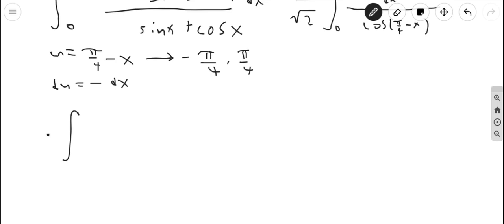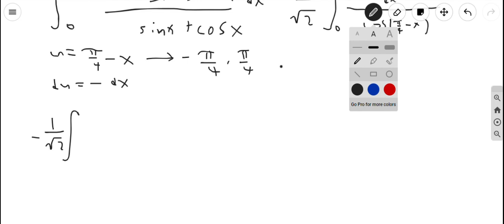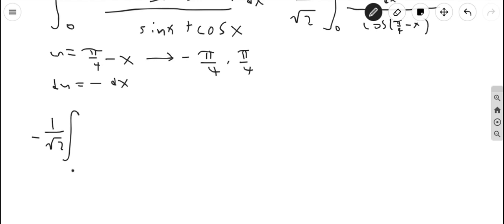So we're going to have a negative out in front, so we have negative 1 divided by the square root of 2, and it's going to be from pi over 4 to negative pi over 4 of our secant of x.